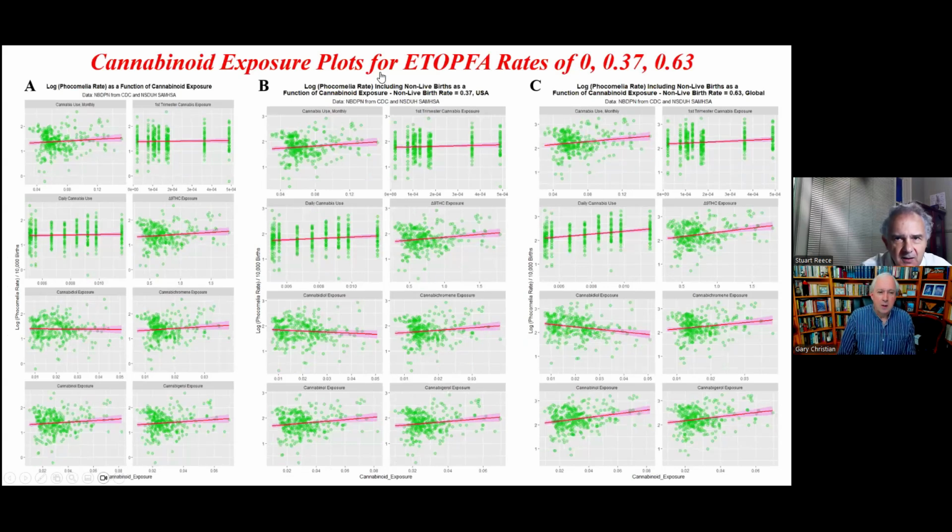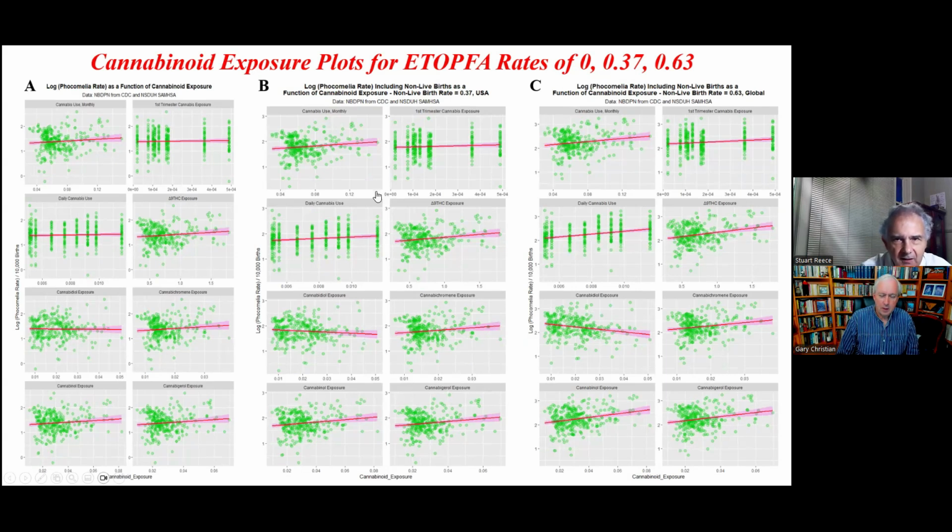Now, this is looking at the different cannabinoids, again, at the three different rates of ETOPFA exposure. This is cannabis use monthly, first trimester cannabis exposure, daily cannabis use, delta 9 THC, cannabidiol, cannabichromene, cannabinol, and cannabigerol.